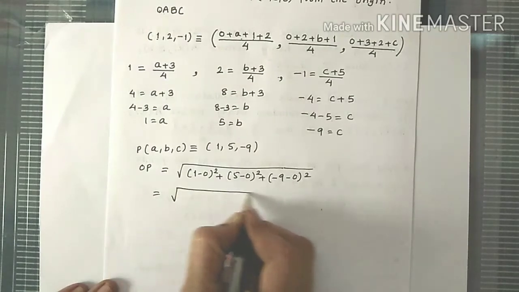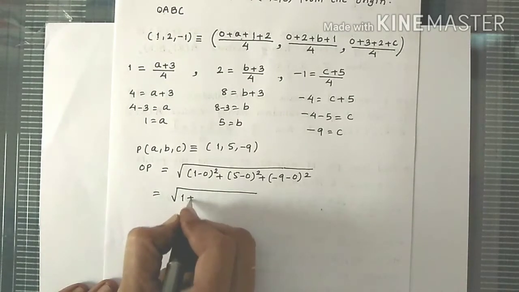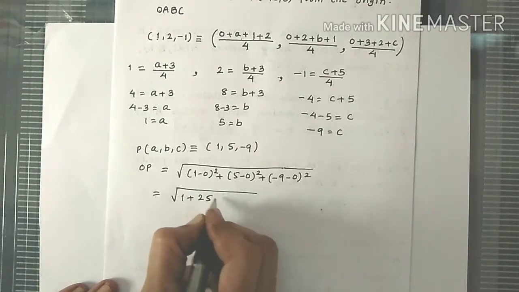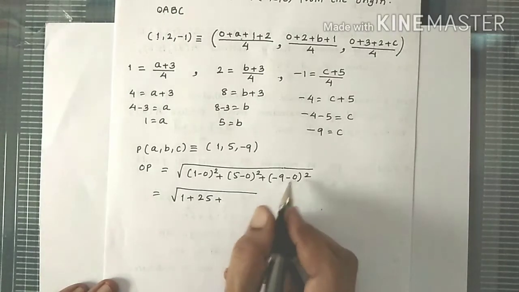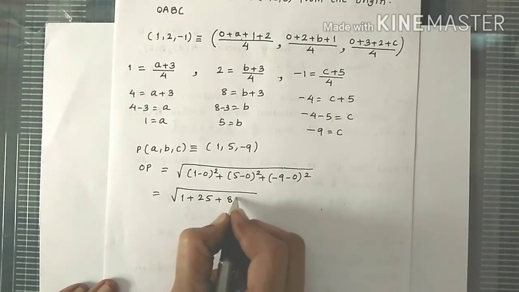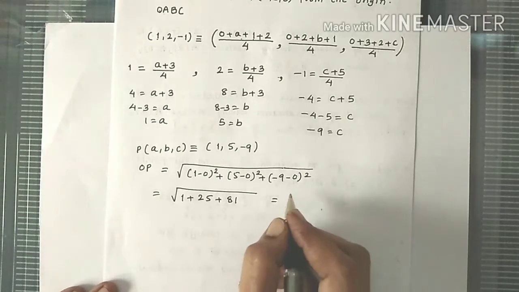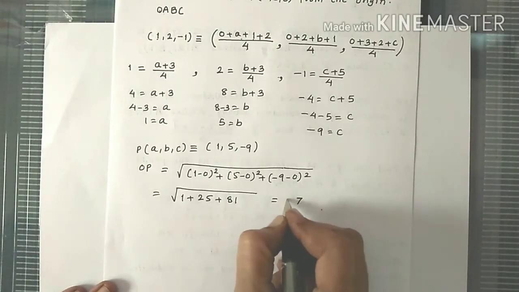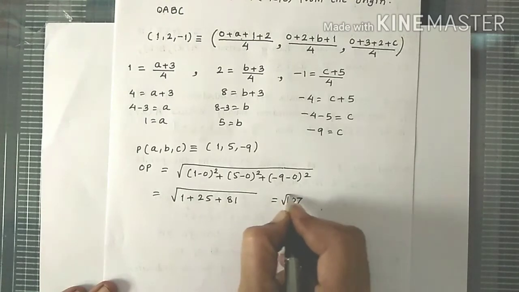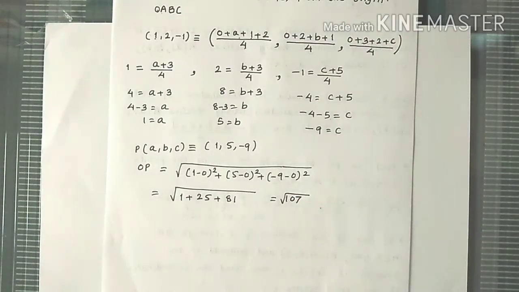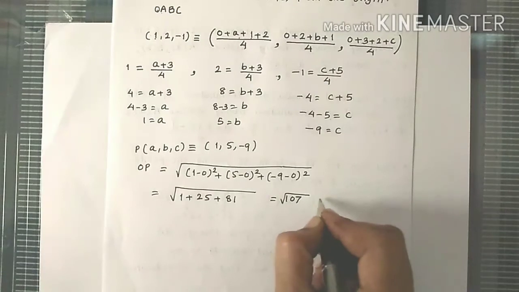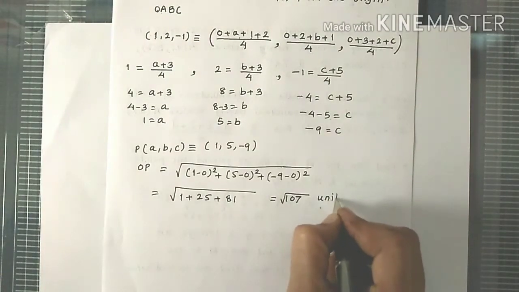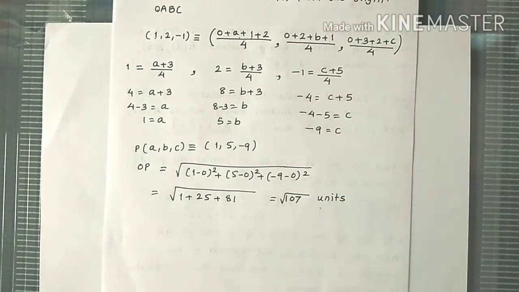So 1 square is 1, 5 square is 25, minus 9 square is 81. So this becomes 26 plus 81, that is root 107 units. So this is distance of P(a, b, c) from origin.